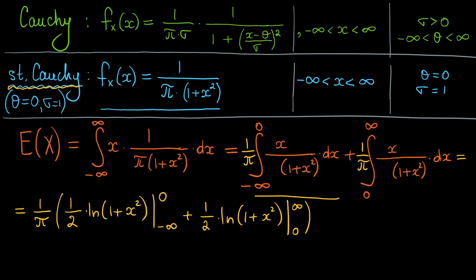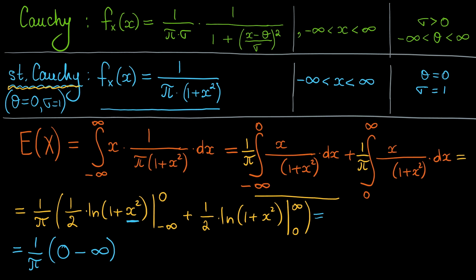And now we are ready to just evaluate this, and we need to be careful here. So what is it that we get? 1 over pi. Then when we evaluate this first expression for x equaling 0, we'll have log of 1 here, which will be 0. And then when we evaluate x at negative infinity, notice that we have x squared here, so we'll get positive infinity. In fact, we'll get log of positive infinity, which will be positive infinity, but we have that minus sign in front.